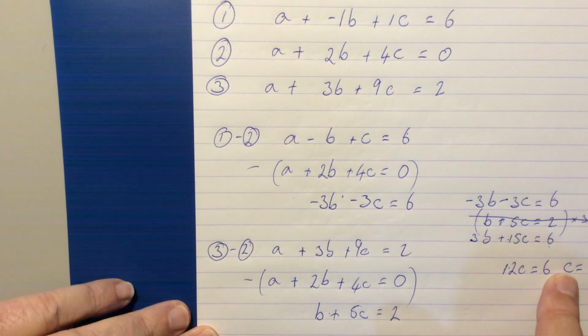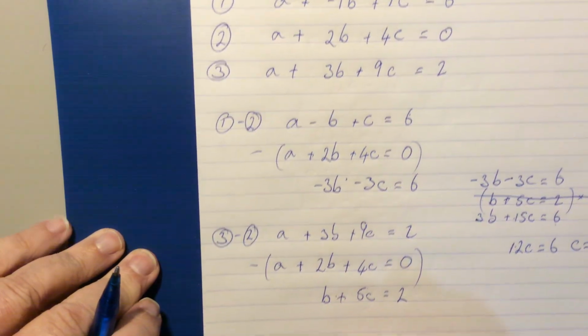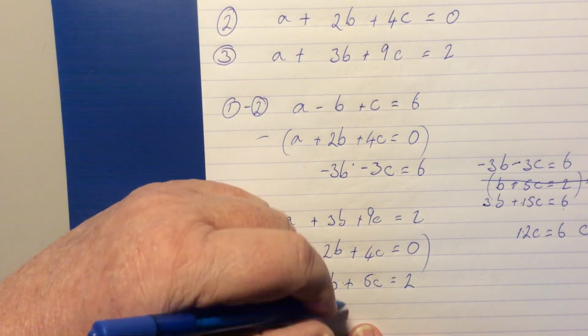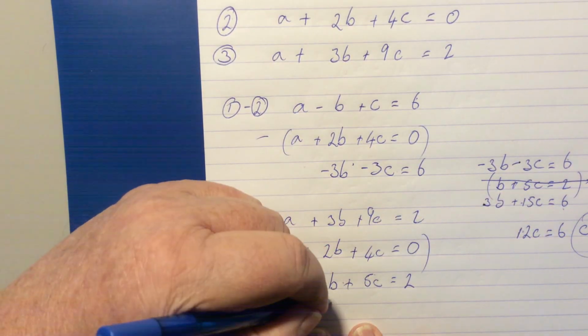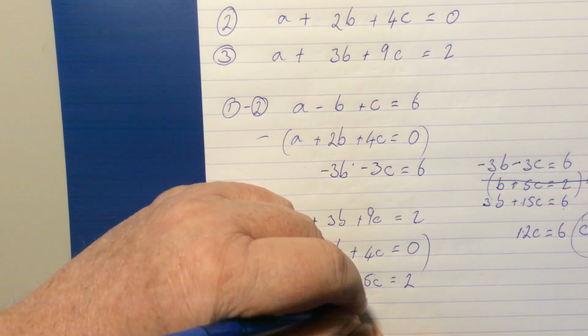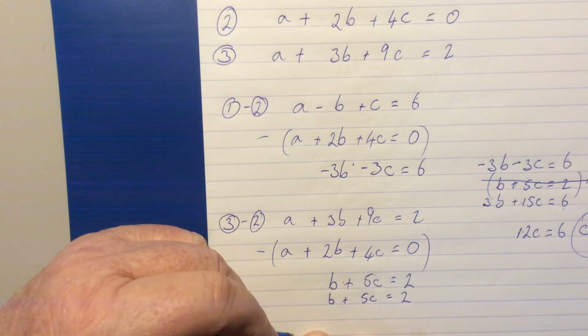Now, c equals 1. That's a big step. That's our real way into this. So if I take that knowledge and use it down here, b plus 5c equals 2.